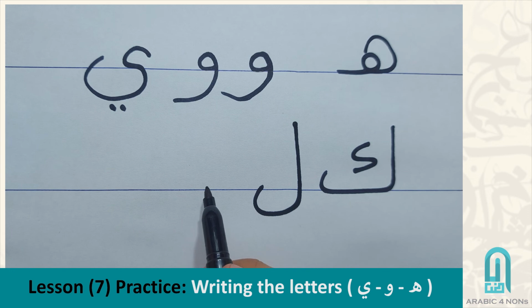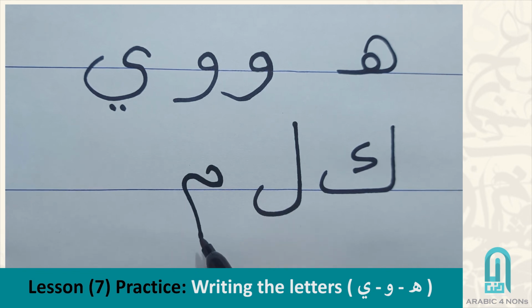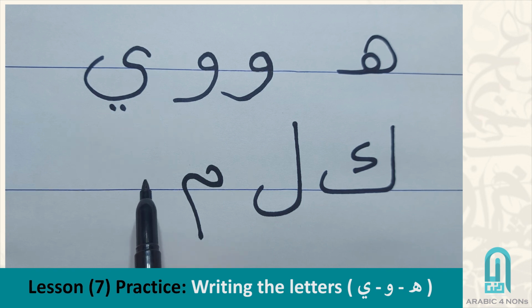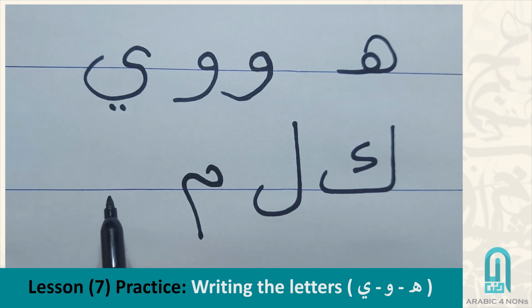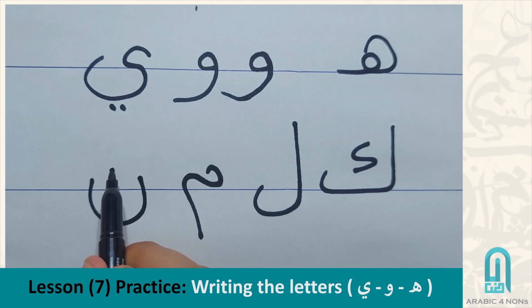That's it. The next one, letter Me, we start a little up the line. We will do a curve going below and then a straight vertical line below the line. And there is 1 gap here. And the last one, letter Ne, is much easier, is only a circular curve below the line, like this, and then 1 dot here.